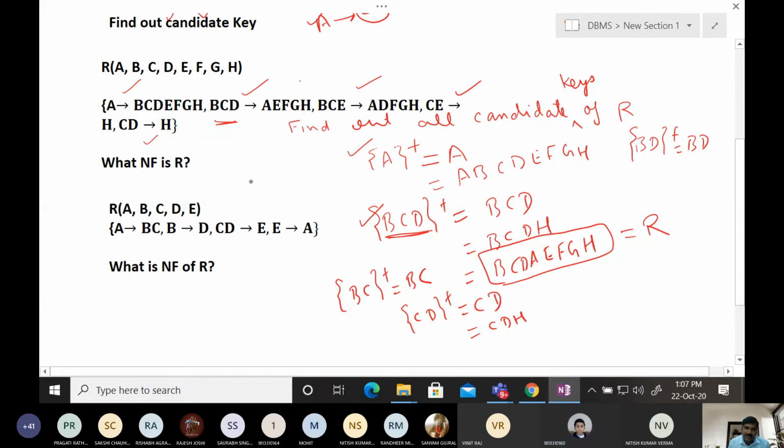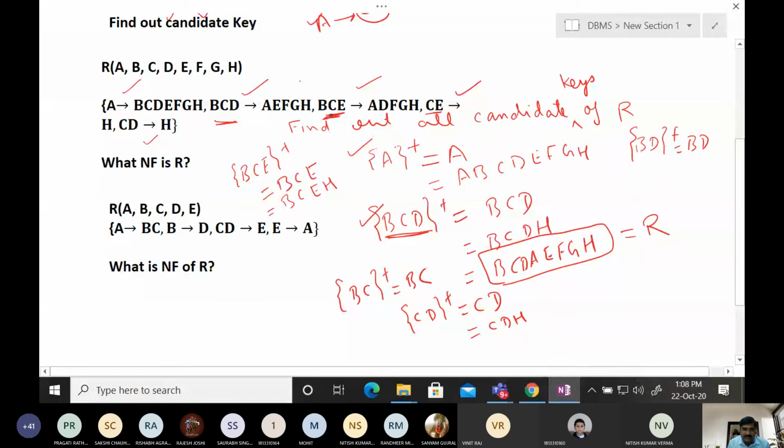BCE. Very good. Let me find out the closure of BCE. Then through the reflexivity rule BCE, and then through this, the left hand side is a subset of this, so we will associate H also. So here we will write BCEH, and this is also a subset, then we will associate this.